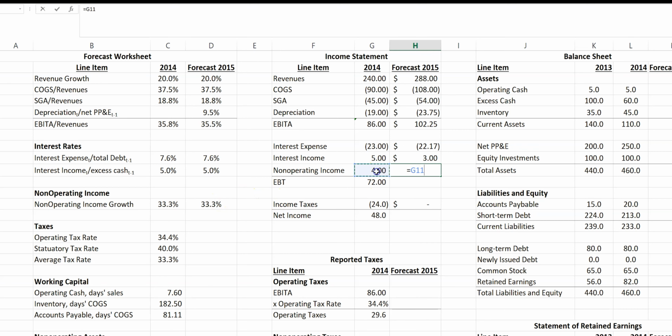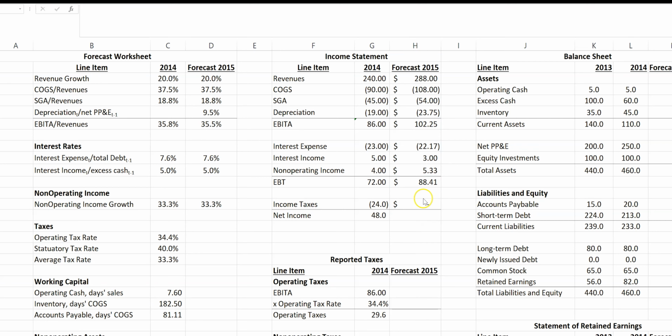So we'll multiply last year times 1 plus the growth rate, and that'll give me this year. And then earnings before taxes is the sum of my operating profit and all of my non-operating items.